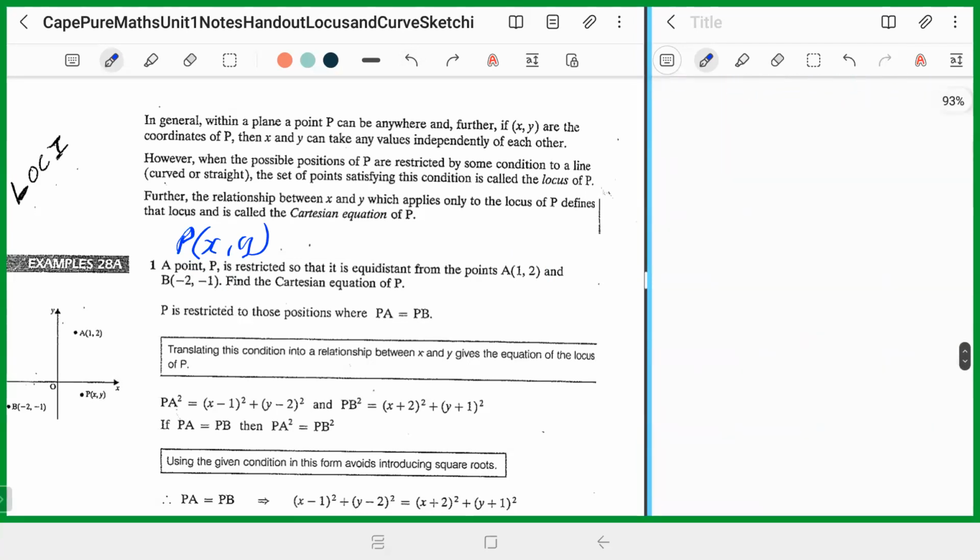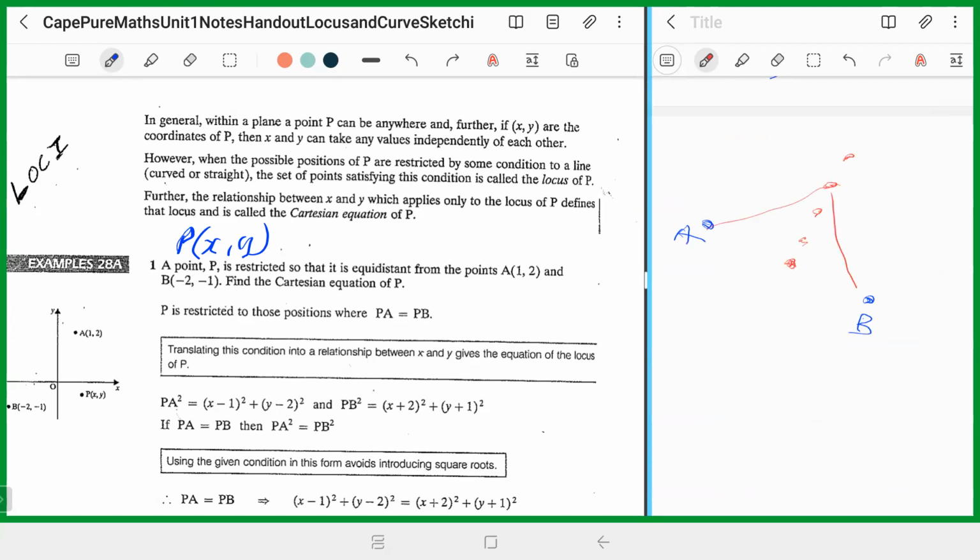And sometimes you can figure it out. So if you have a point A and a point B, I have a point P moving so that it is the same distance between them at all times. It is here, here, here.